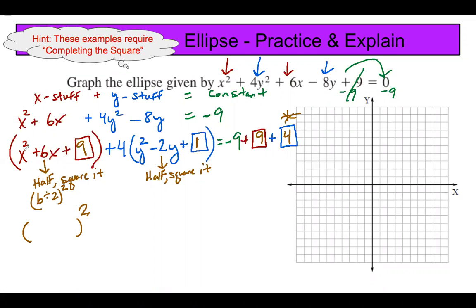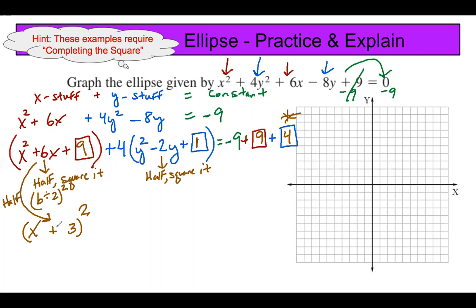To do that, you take your x squared, the square root of that is just x, and then you take the square root of 9, which is 3, or you can take this middle term again, the b term, and cut it in half. So half of a positive 6 is a positive 3. So it works either way, either half of the b term, which is positive 3, or the square root of the boxed c term, 3.